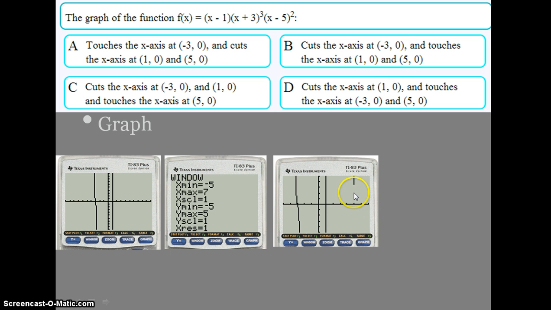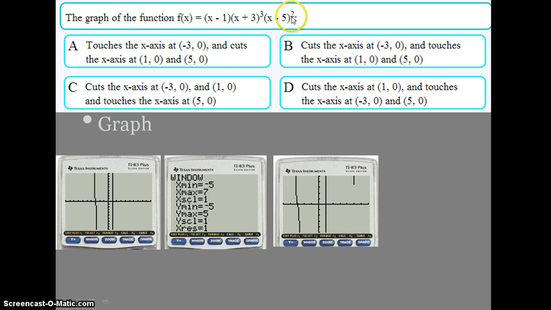Remember that what's supposed to happen is I'm supposed to have a single root at x equals 1. Well, that definitely looks to me to be happening there. But then I have a triple root happening at -3, and that one looks a bit cubic there. I would go with it.